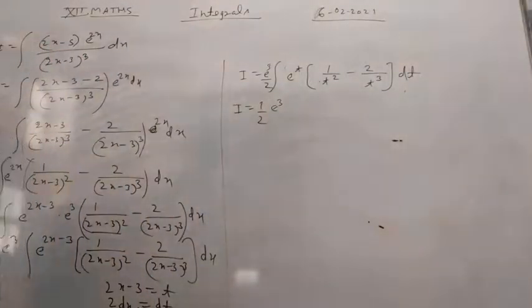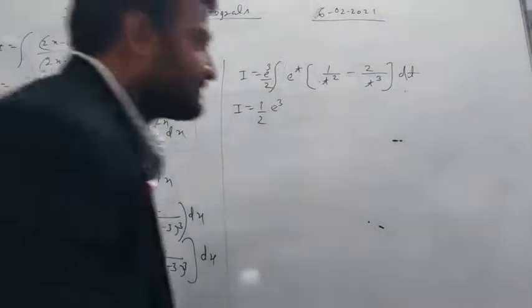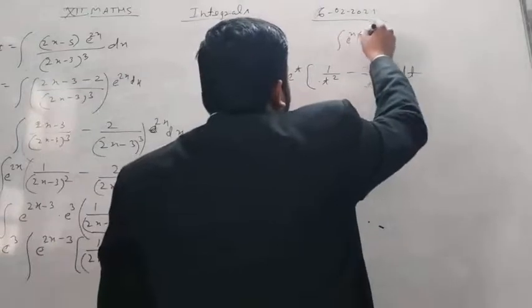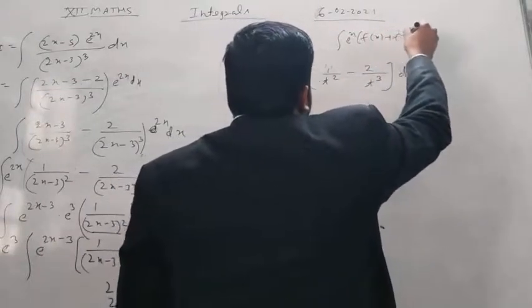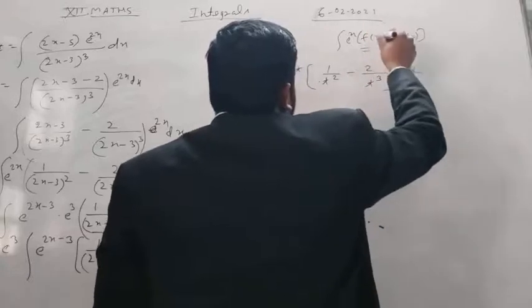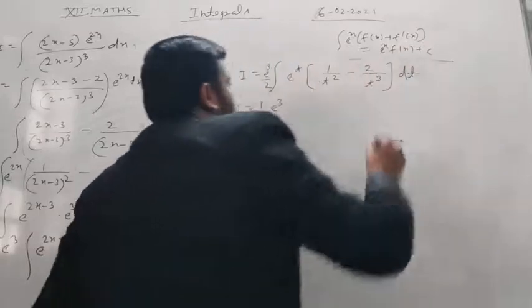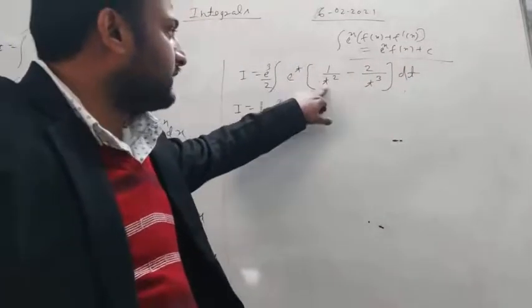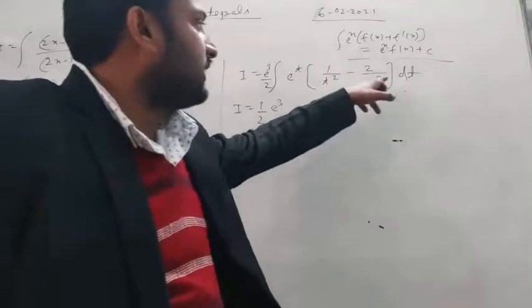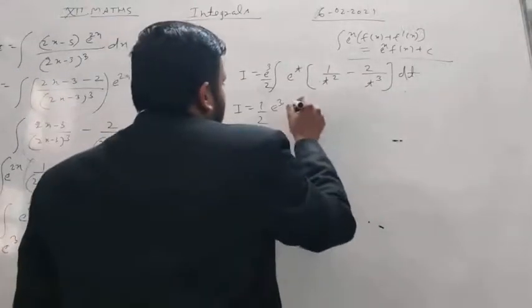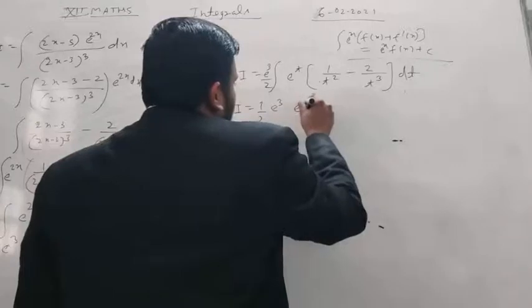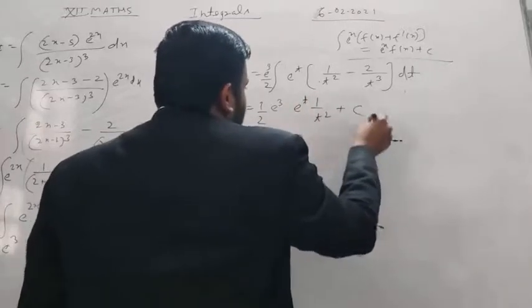So using the concept that the integral of e to the power x (fx plus f dash x) is e to the power x fx plus c, here this is e to the power t and this is fx, and differentiation of this is this. So we can write e to the power t, 1 by t square plus c.